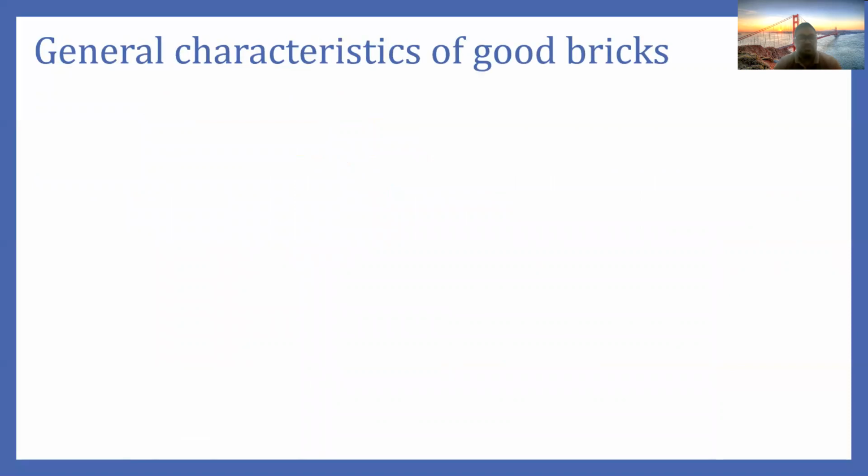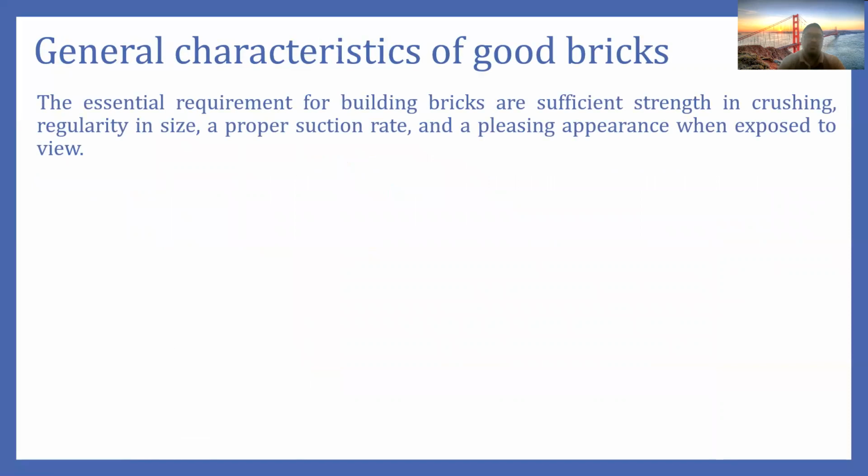Now we will see what the general characteristics of a good brick are. Well, good brick characteristics are very similar to first class brick features. The main or essential requirements for building bricks are that they should be sufficiently strong in crushing, they should be regular in size and shape, and there should be a proper suction rate, which means water absorption should be limited, obviously should not be more than 15%, and they should give a pleasing appearance when they are exposed to view.